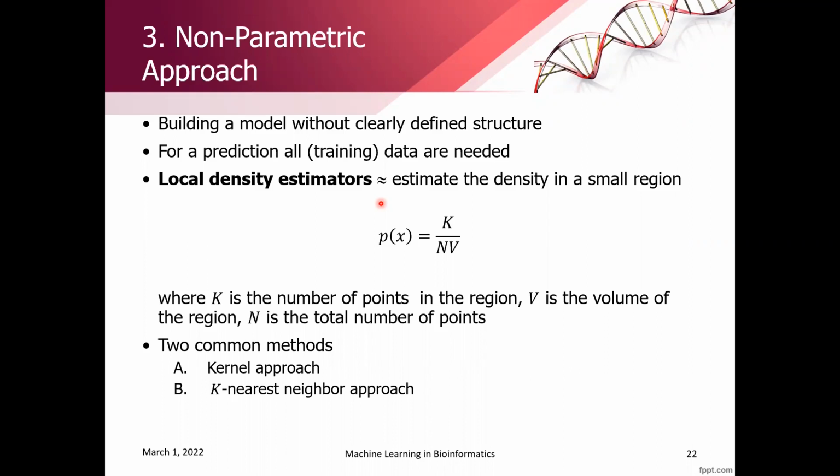And here we can estimate the density in some smaller region of the space in the following way: we count the number of our sample data points which fall within this smaller region, divided by the volume of the region, capital V, and divided by capital N. Capital N is the number of observations.